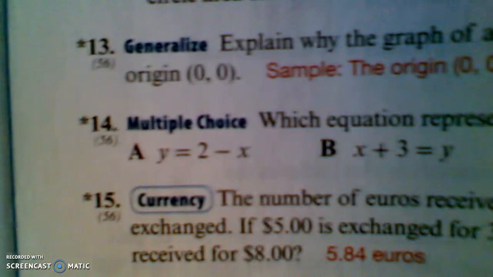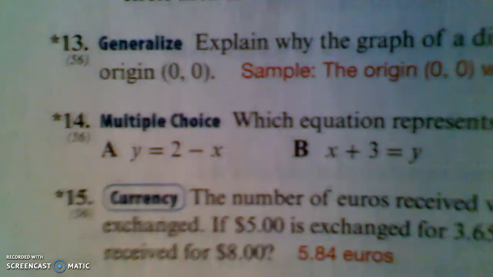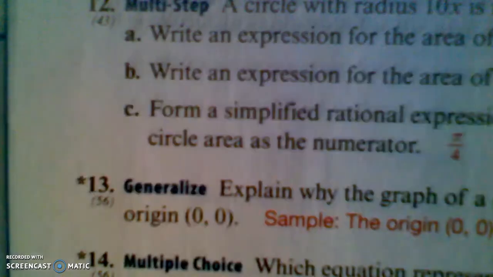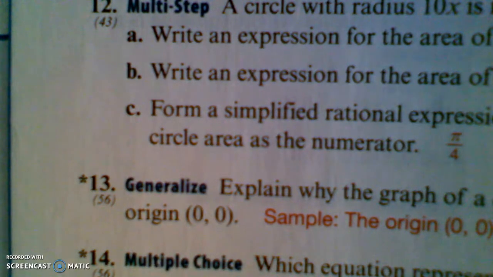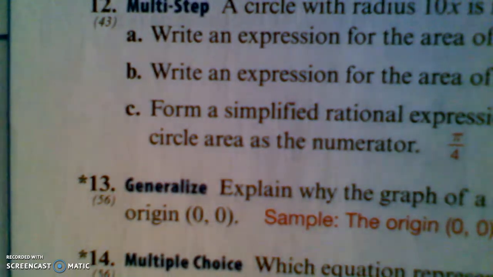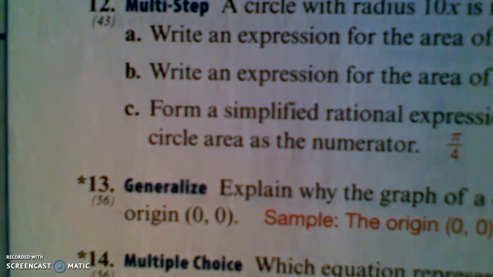What else? 14, I think, is the same type of problem. Which equation represents a direct variation? 13. Something we just talked about. Explain why the graph of a direct variation will always go through the origin, 0, 0. So we talked about that as well, right? So I think those are the new problems for today.